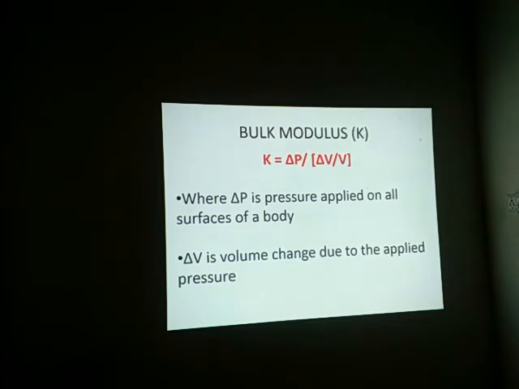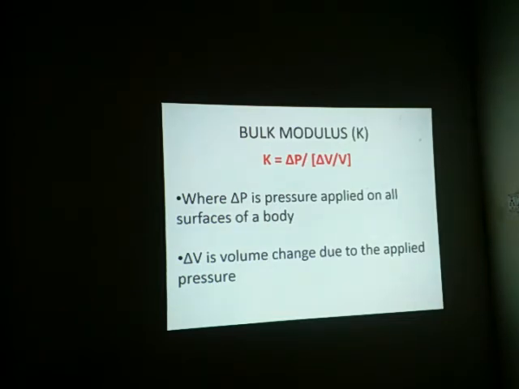So the K is basically the ratio of the pressure applied divided by the volumetric strain, that is pressure, a stress-like parameter, divided by the volumetric strain, that is delta V by V, change in volume divided by initial volume.